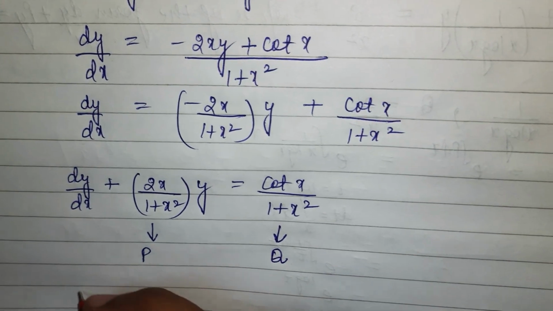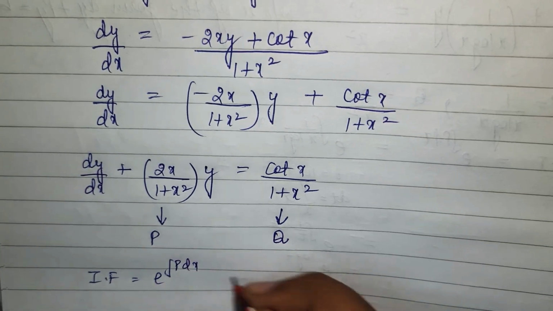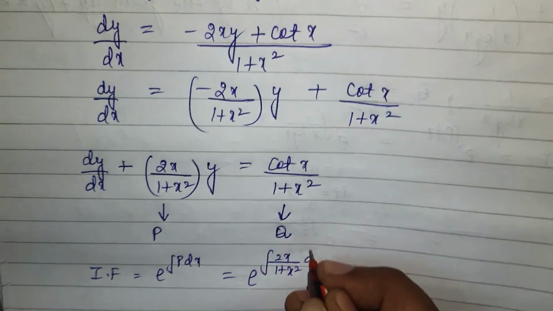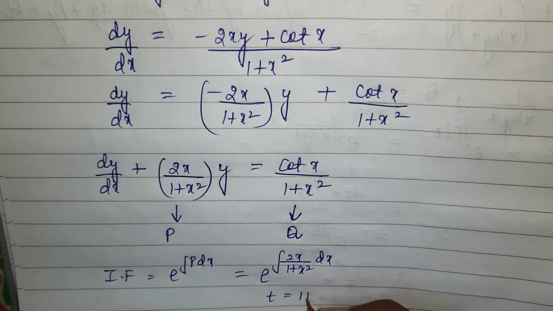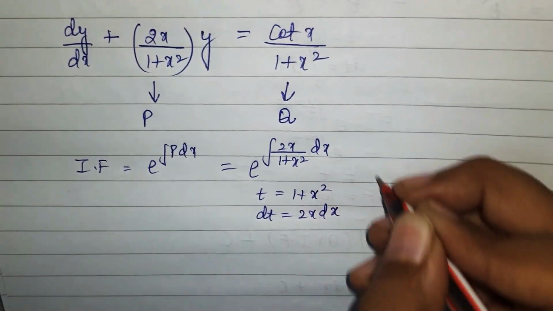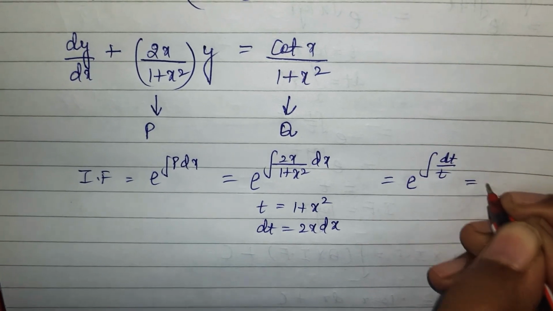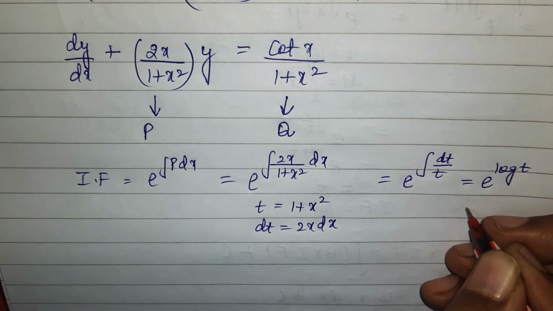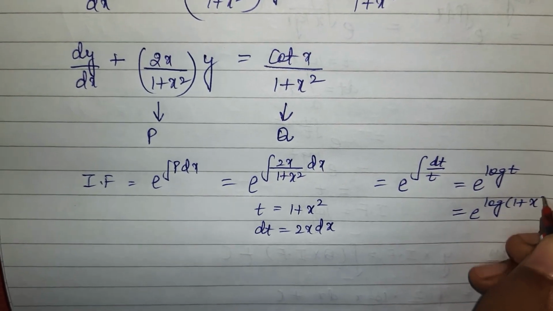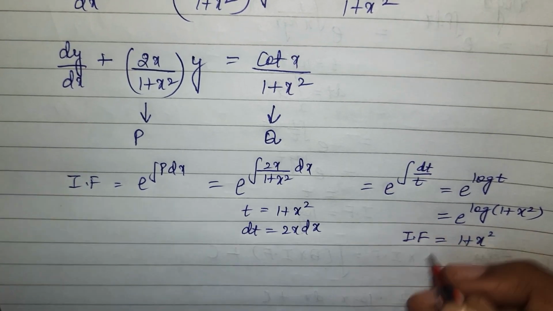So the integrating factor will be e raised to the power p dx, e raised to the power 2x upon 1 plus x square dx. So take t as 1 plus x square, dt as 2x dx. So I am getting e raised to the power dt upon t, e raised to the power log t. So e raised to the power log of 1 plus x square.